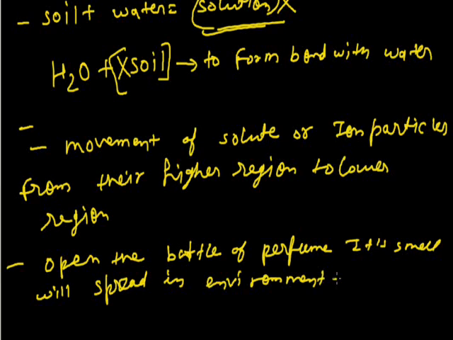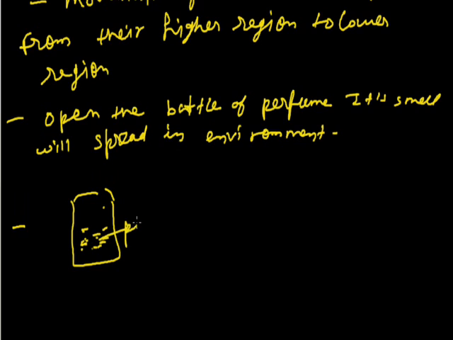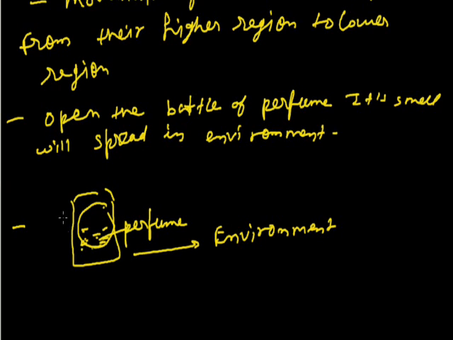Because if I draw the diagram of the bottle, and say that this is the perfume and this is the environment, the molecules of the perfume are more inside the bottle and less in the environment, so they will simply diffuse into the environment.